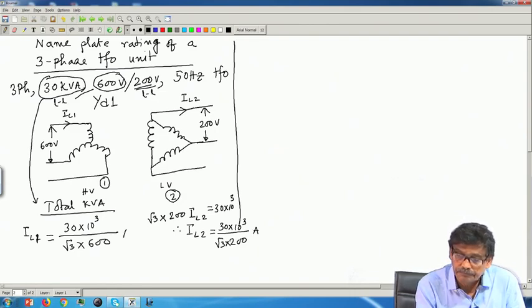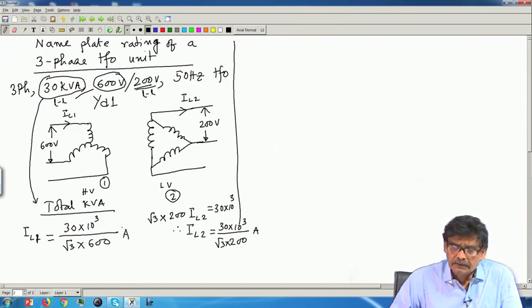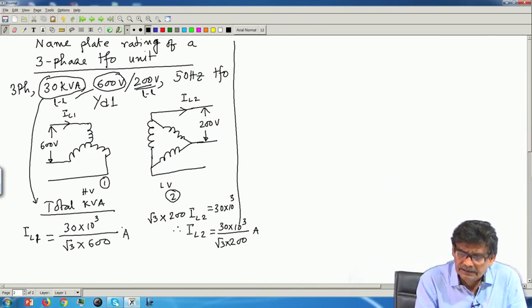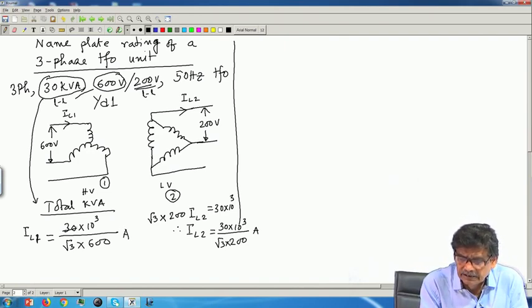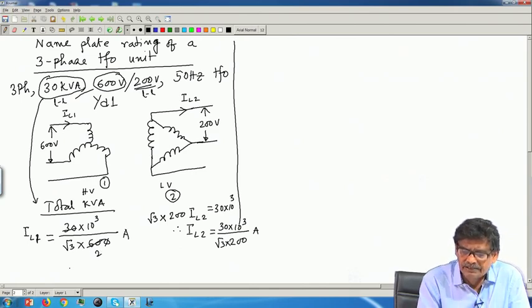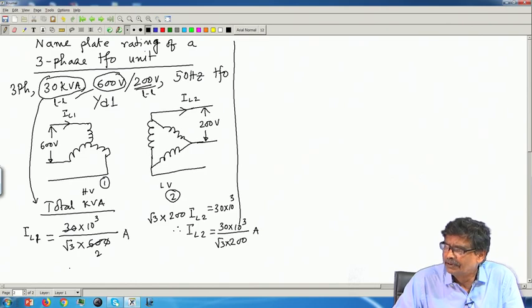Okay. Calculate it. See, this comes out to be 30, 10 goes, this is 2, 2 root 3 is 2 into 1.7, 1000 by 2, 500 about.